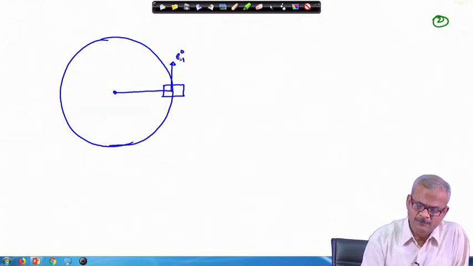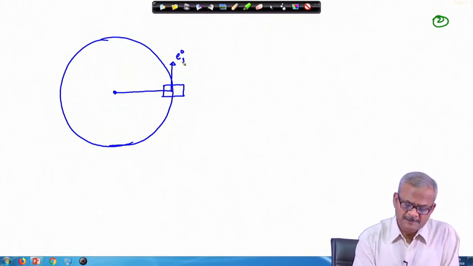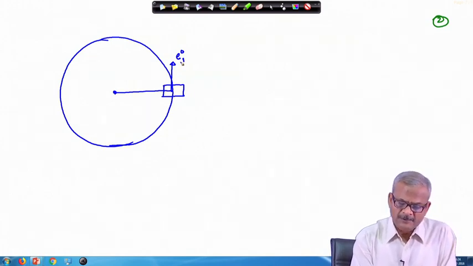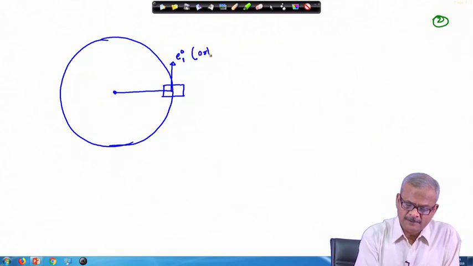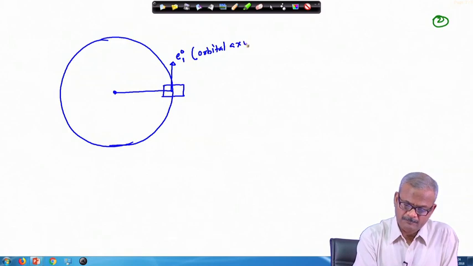E1 O, meaning this is the first or the x axis of the orbital axis. So, this is the orbital x axis.